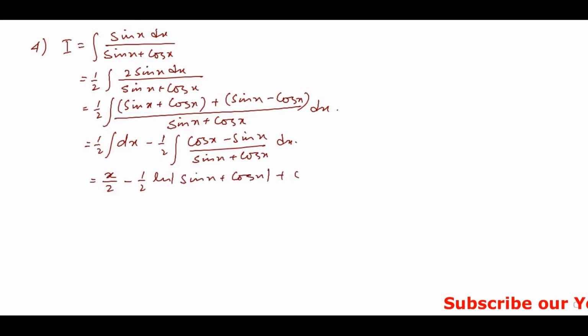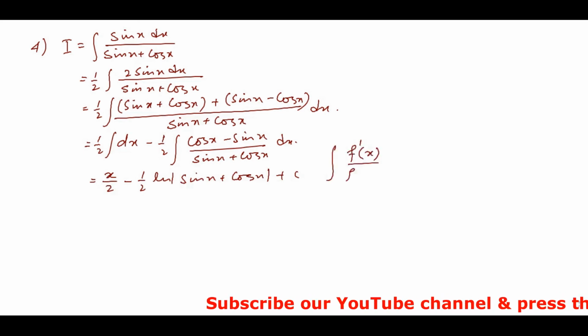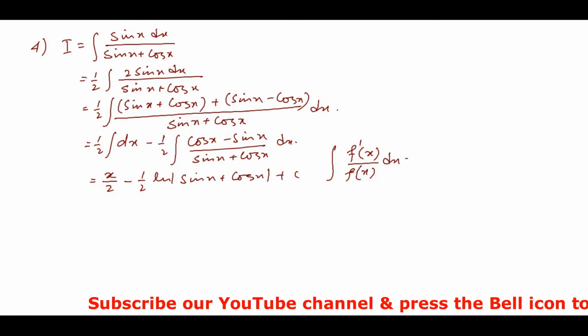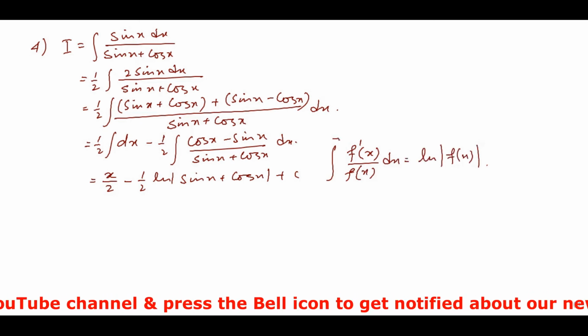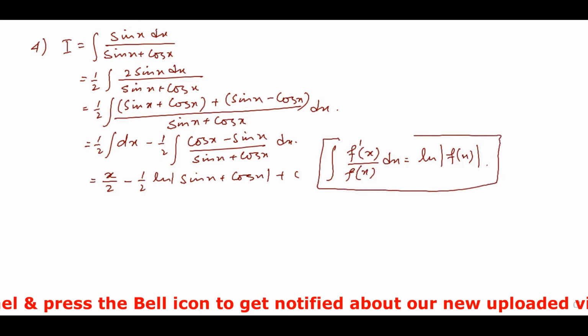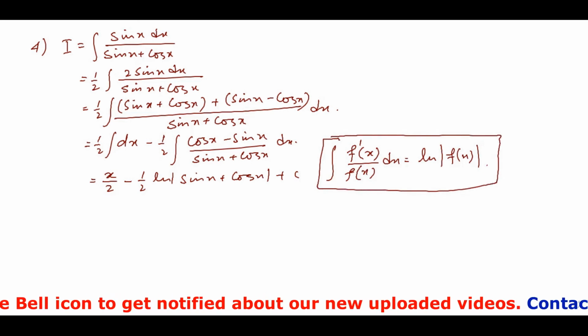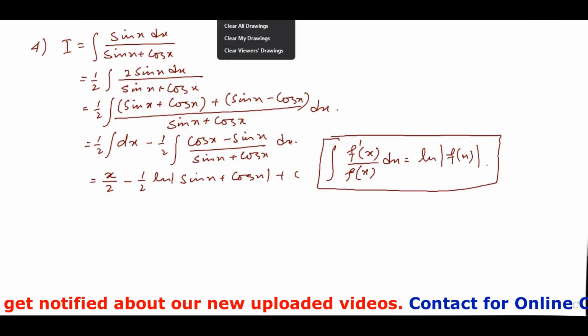Why is it so? Because just now in the previous sum I told you that if it is f dash x by f x dx, the answer is always ln mod f x. Is it clear? This is a standard formula, so we can remember this.